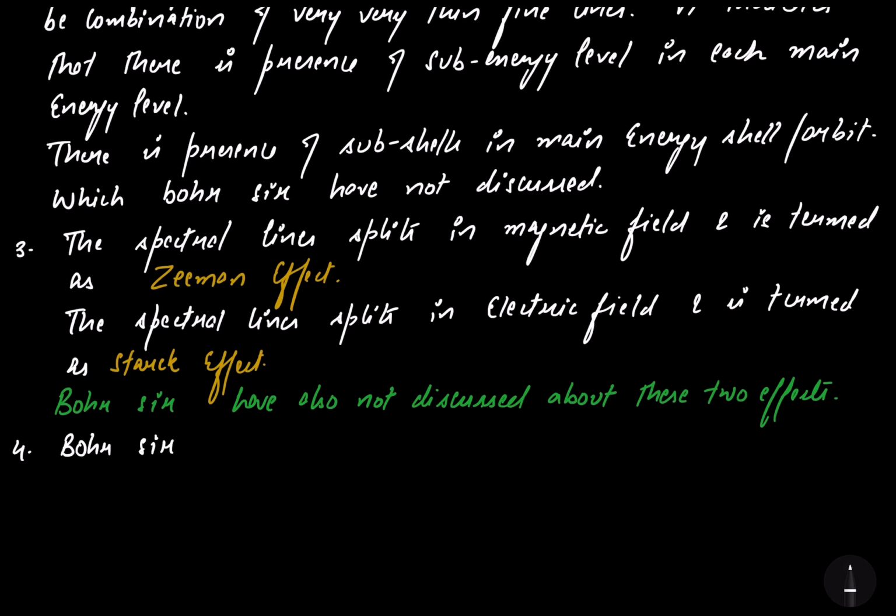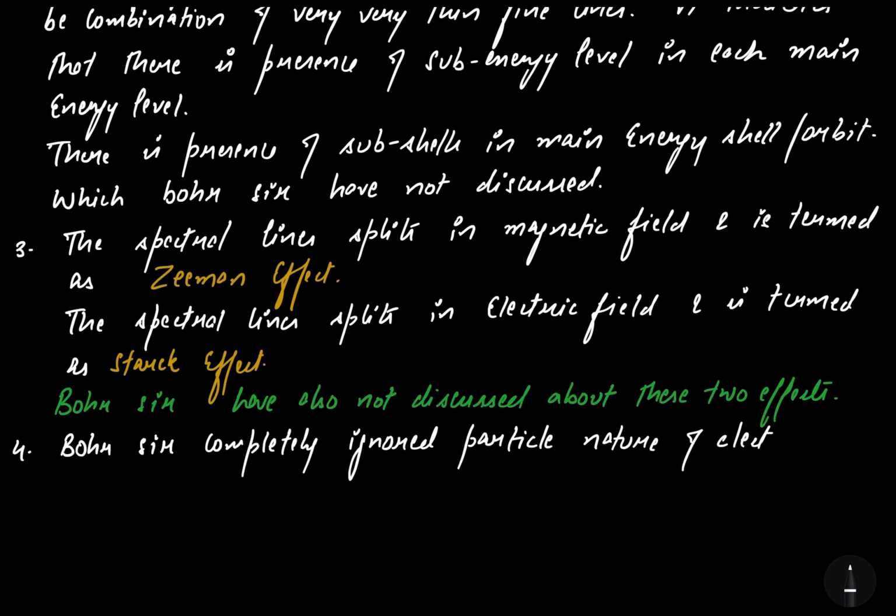There are two phenomena called black body radiation and the photoelectric effect, which we are going to discuss in the next video. Bohr sir has not discussed anything about the photoelectric effect or black body radiation, which are based on the particle nature of the electron. So Bohr sir has completely ignored the particle nature of the electron.